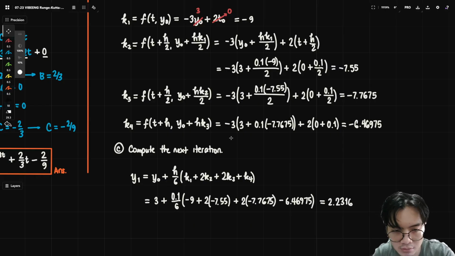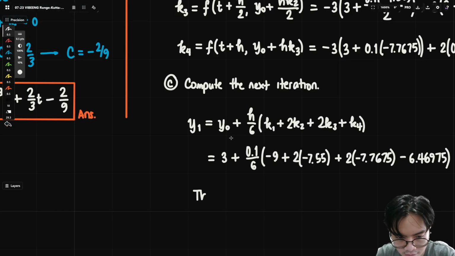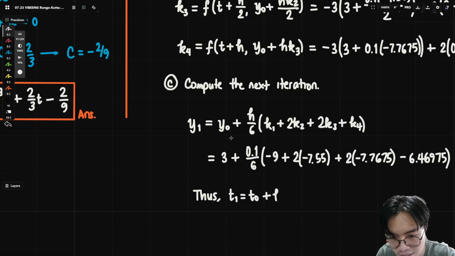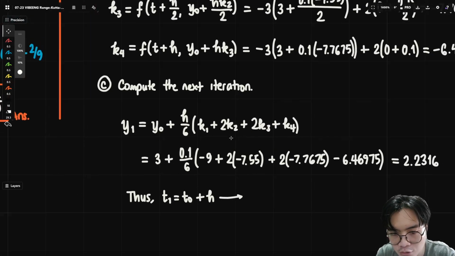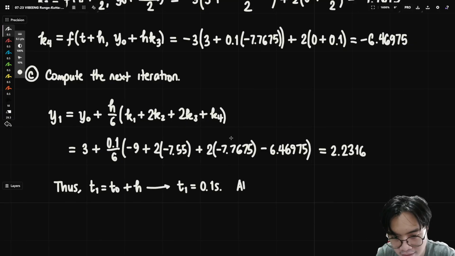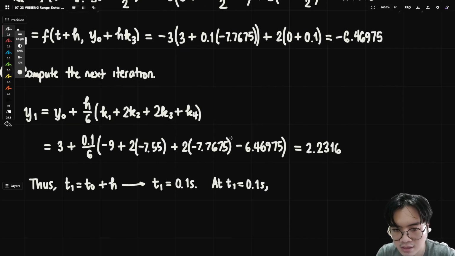So that means, thus, kapag nag-step ka pa, at new t, ibig sabihin, ang new time frame na natin will be 0.1 seconds. Ibig sabihin, at t1 is equal to 0.1 seconds, ang y1 natin is 2.2316.